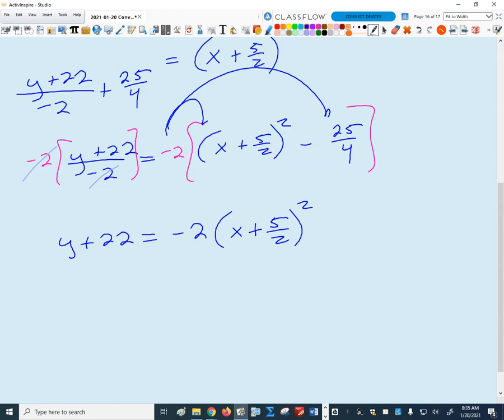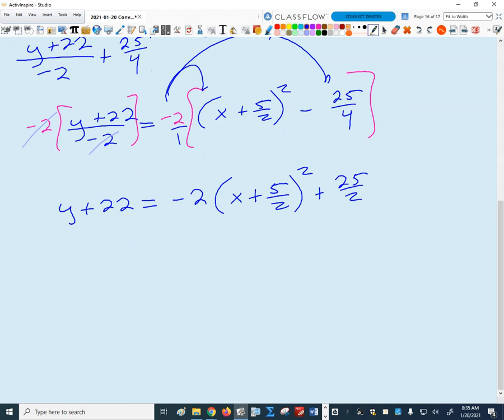Negative 2 times negative 25 fourths, let's make that a 1 on the bottom. Well, that's just going to give us positive 50 fourths, which is positive 25 halves, or I could just cancel the 2 and the 4 and make that a 2 on the bottom, right? Cross cancel. And then finally, I'm going to subtract 22 from both sides.